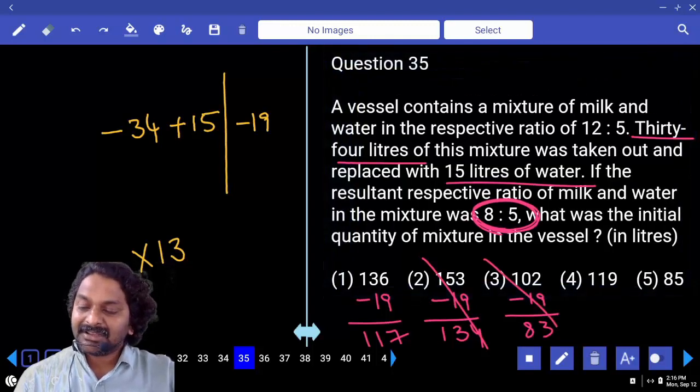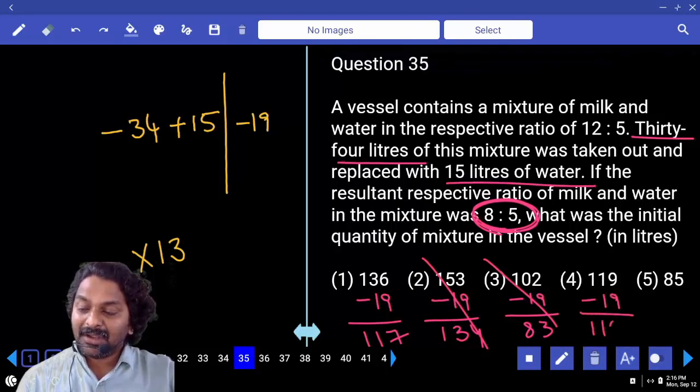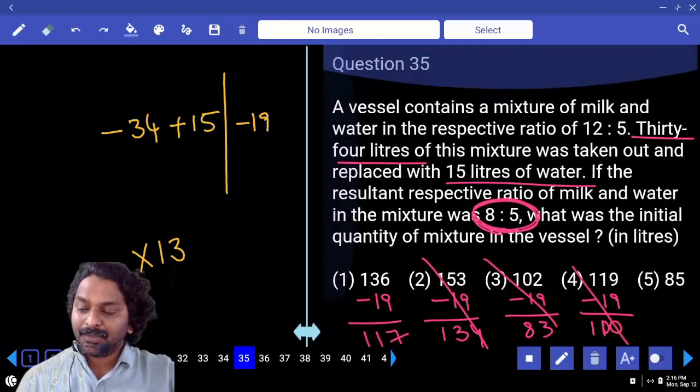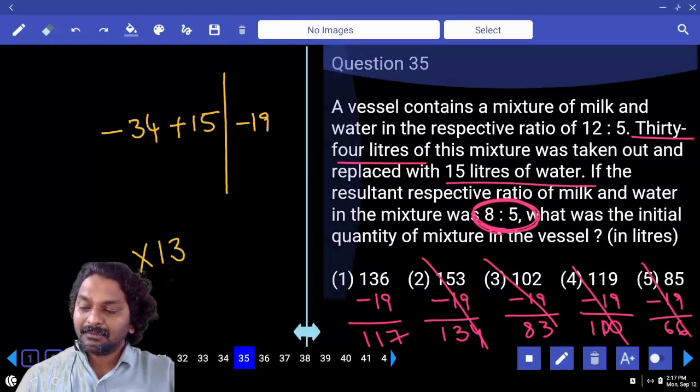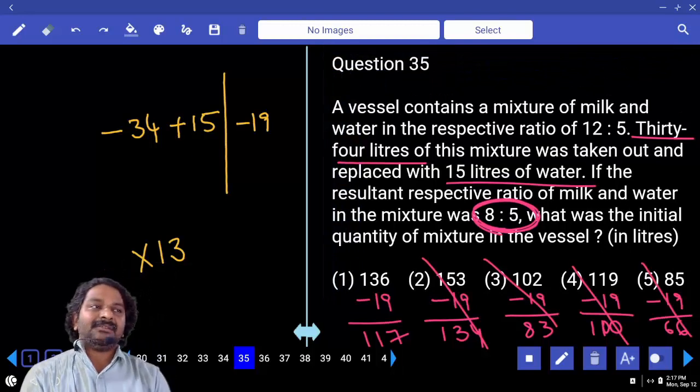No. Third option minus 19. How much is it? 83. Is that a 13 multiple? No. Fourth option minus 19. How much is it? 100. Is 100 a 13 multiple? No. Fifth option minus 19. That is 66. Is that a 13 multiple? There is only one option, the first one, final.